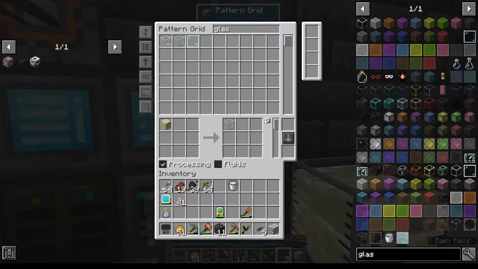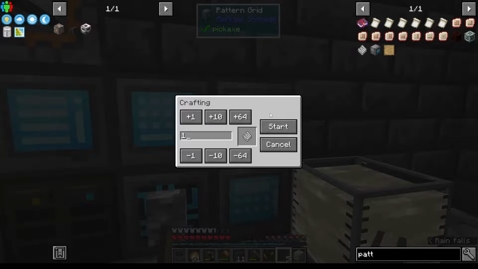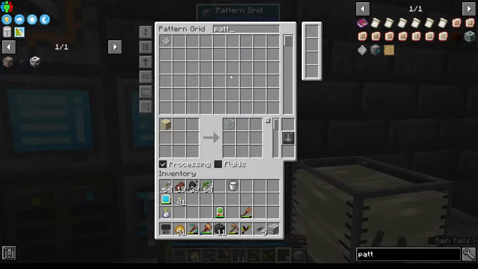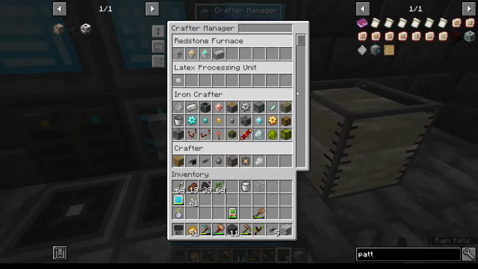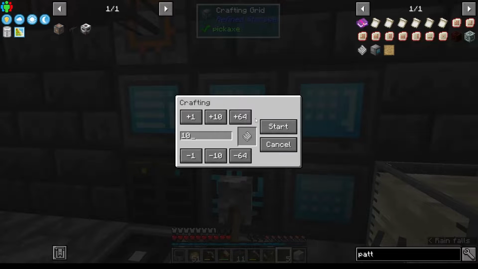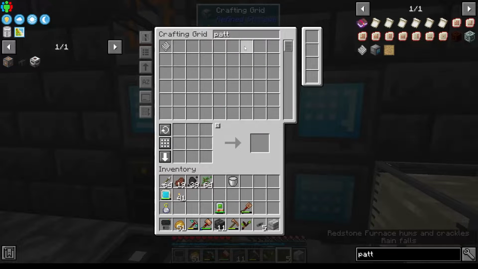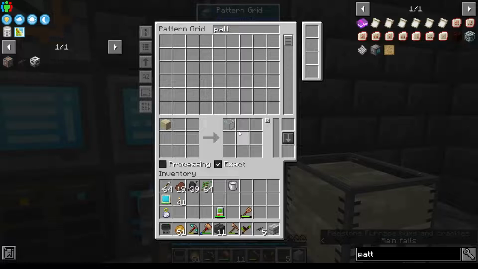So glass is smelting up sand. I'm going to get this. Okay. There we go. That's how you make glass with the redstone furnace. So now, can you make 10 patterns? Yes, you can. Good. Okay, so that'll let us make more patterns.